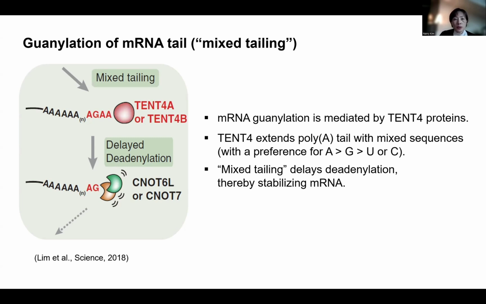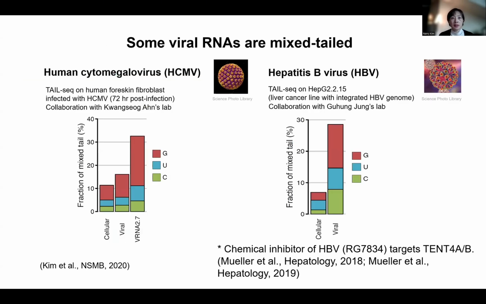So after doing this work, we became curious what kind of biological context these mixed tailing plays an important role. So we were using TAIL-seq to investigate the tail sequences of messenger RNAs in various contexts.